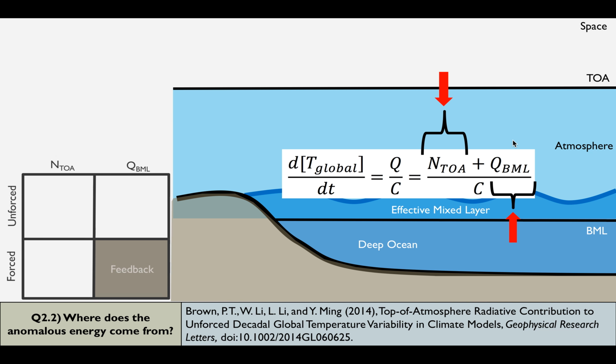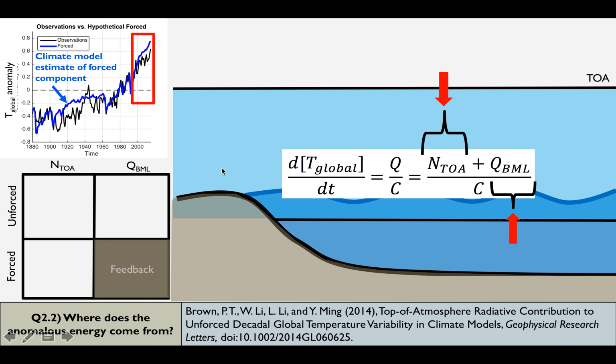These fluxes could vary because of forced or unforced variability. And I want to point out that when contemporary temperature trends are discussed, it seems that certain categories of forced and unforced variability get emphasized more in terms of these fluxes.